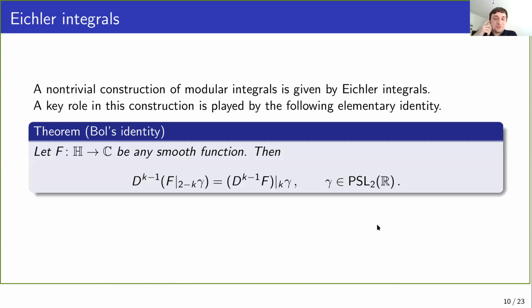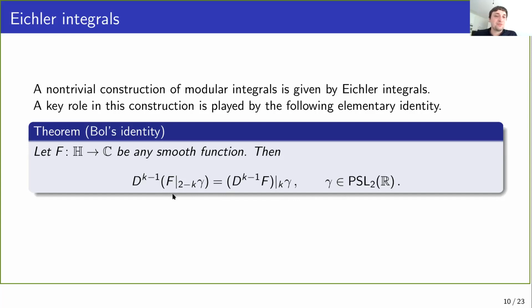So there's one very nice construction that leads to a very deep theory of such objects. And it's based on a very strange thing. There's a completely elementary identity which, if you apply it in a good way, gives you a lot of very non-trivial results. And the elementary identity is the following.